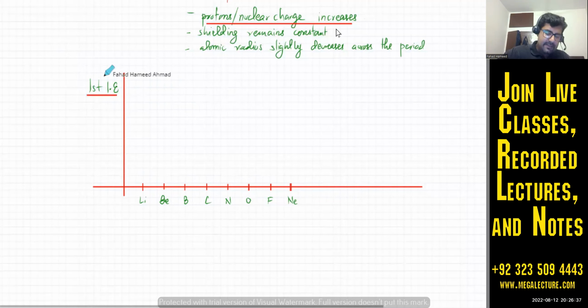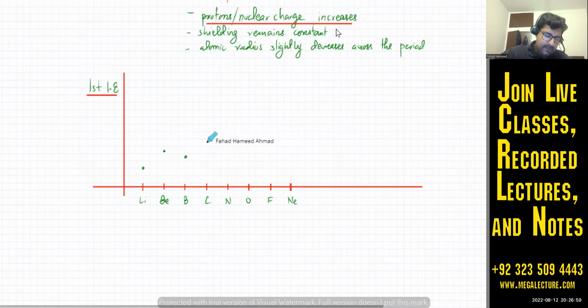So what's going to happen? The general trend is that it should increase. It should just go up, right? But what happens is that it doesn't directly go up. This is what it actually looks like. The first one is the lowest, then beryllium, it increases. Then at boron, it slightly dips.